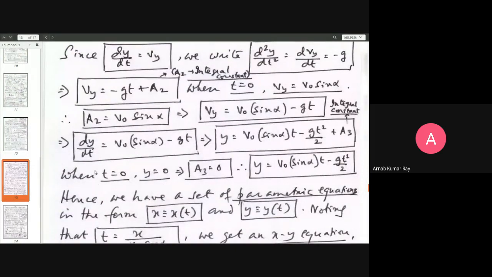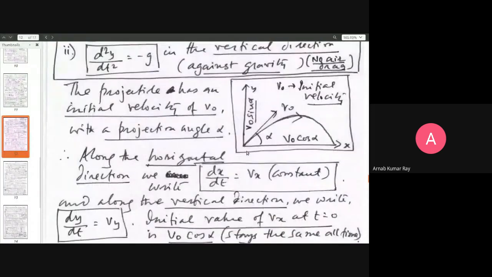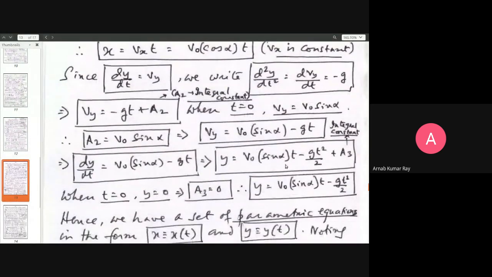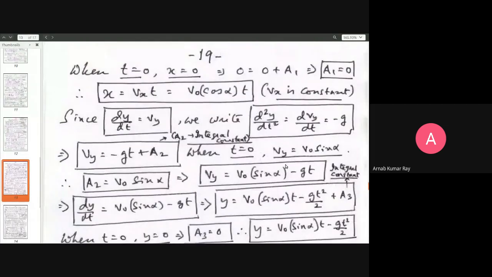Then dy/dt is equal to vy, so you can solve for y as a function of t, with the initial condition that at t equal to 0, y is equal to 0. You are at the origin of coordinates. And so this is the y equation. Hence, you now have two equations of x and y, each depending on t.